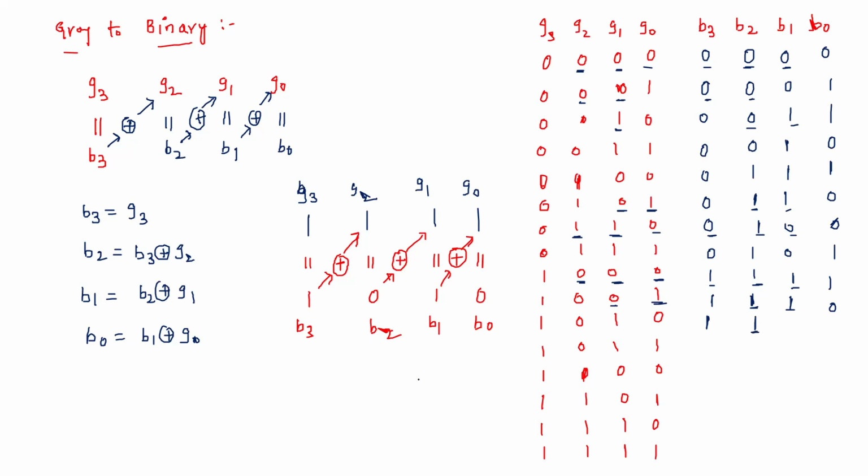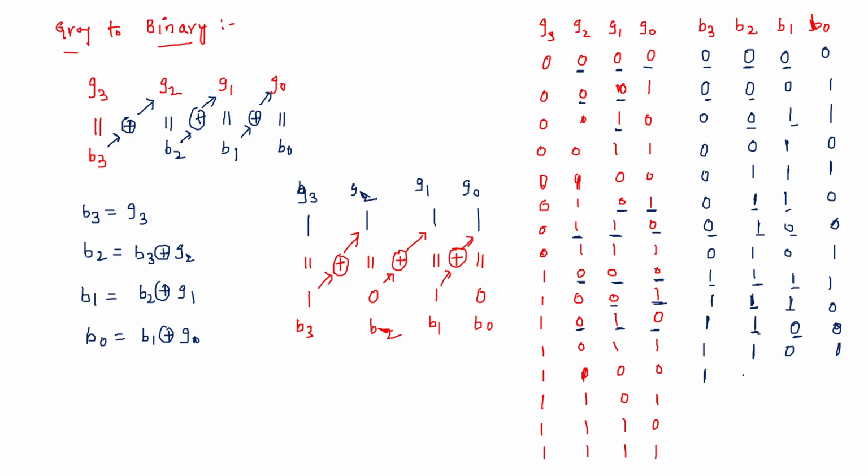Have you understood what I am doing here? B3 XOR with G2, then B2 XOR with G1, and B1 XOR with G0. Again 1 XOR with 0 is 1, 1 XOR with 1 is 0, 0 XOR with 1 is 1.